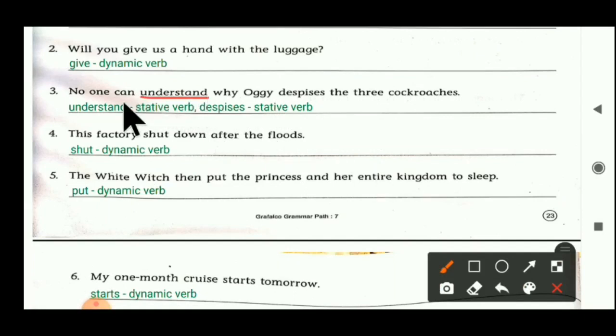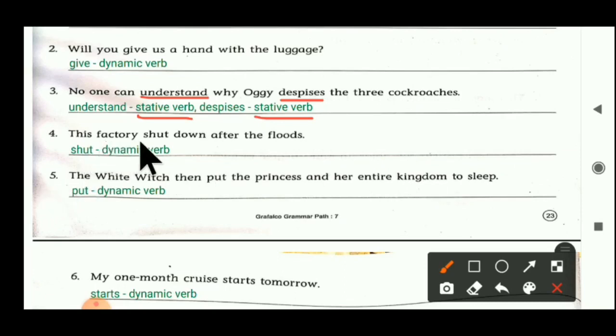Understand shows the relation between subject and object, so we can say that it's a stative verb. But the second verb given here is despises. Despises is also a stative verb here. Can you understand, student?